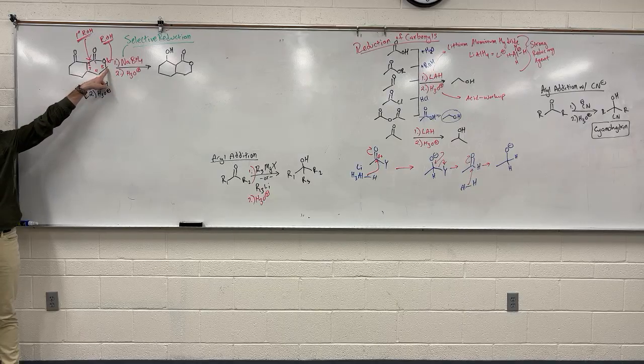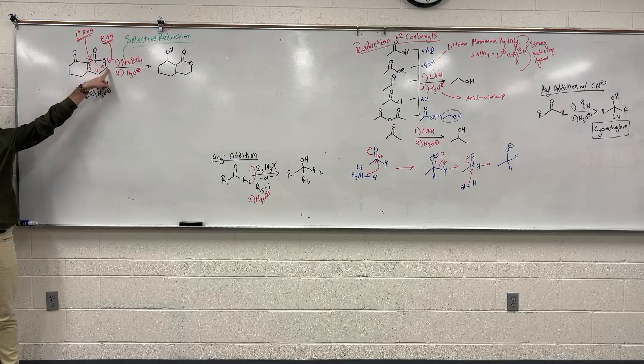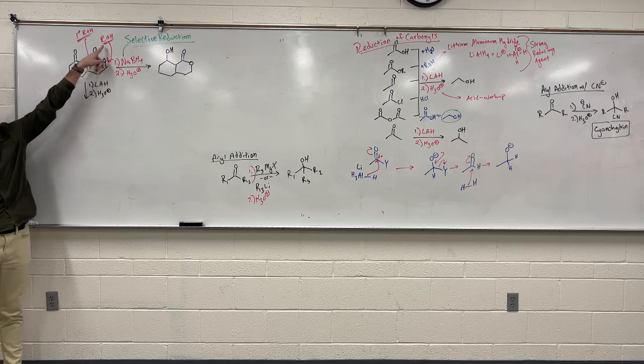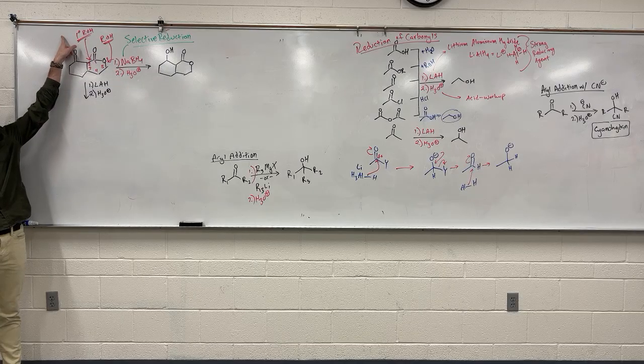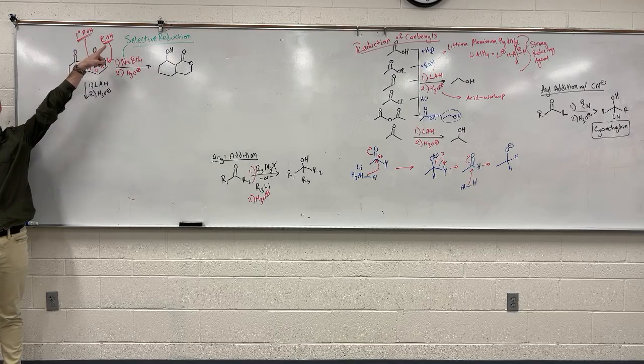I could add a methyl group coming off of 5. I could add 2 methyl groups coming off of 5. I could have rings coming off. I could change what's going on at this position a lot, but whatever is at that position just becomes an alcohol. So I like to call this a primary alcohol plus a variable alcohol.